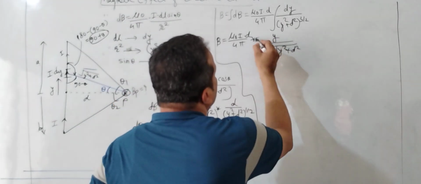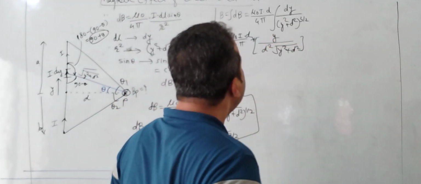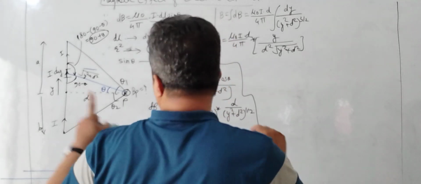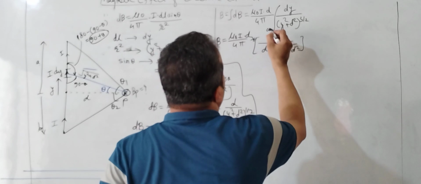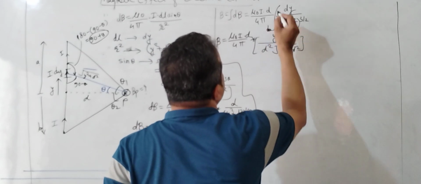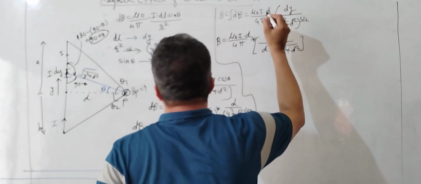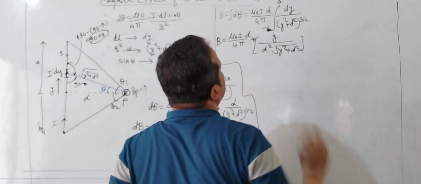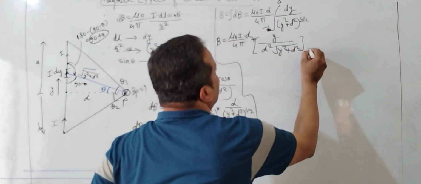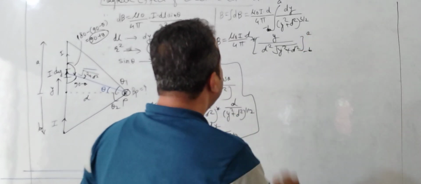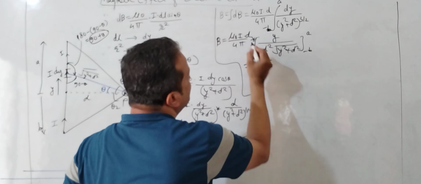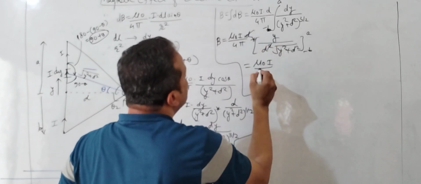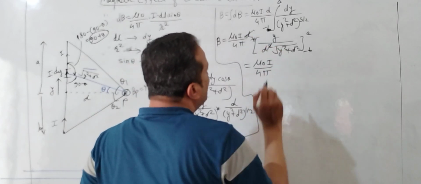So this y goes from b to minus a, so here it is minus b to a. So this d is constant, this d will cancel out, so it is mu 0 I, this d here went with this d, so it is 4 pi into y.